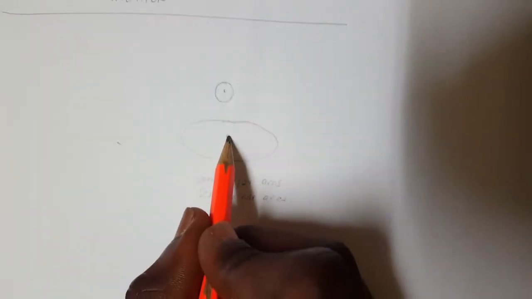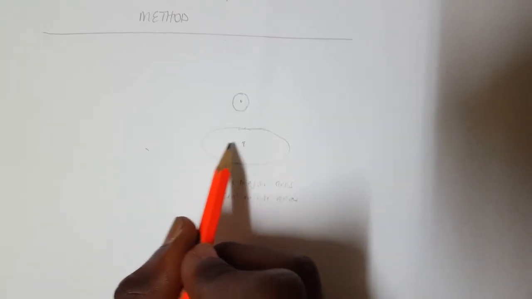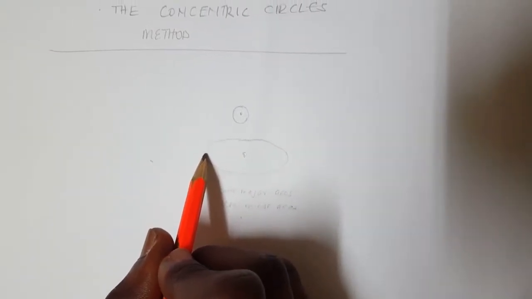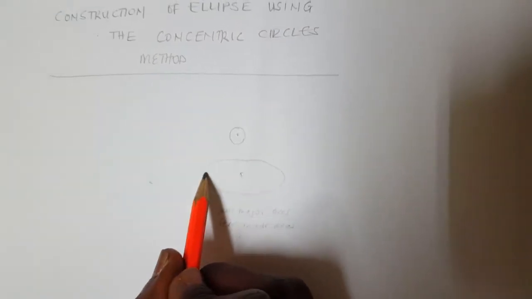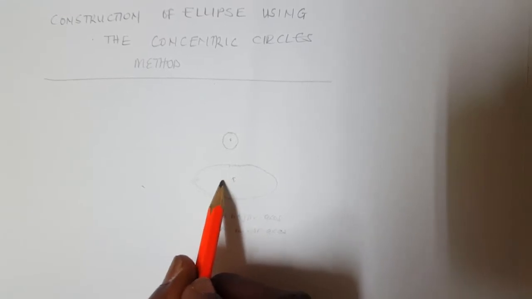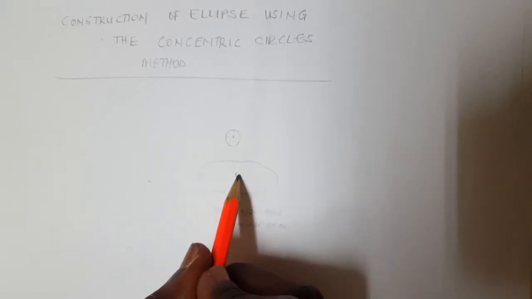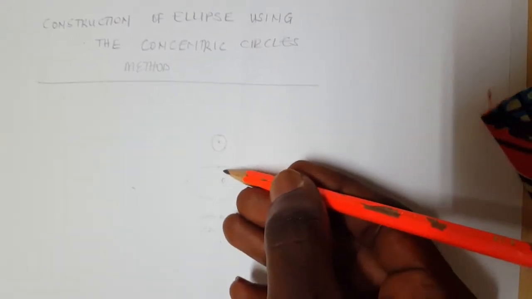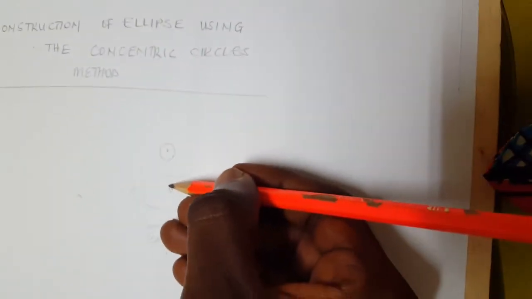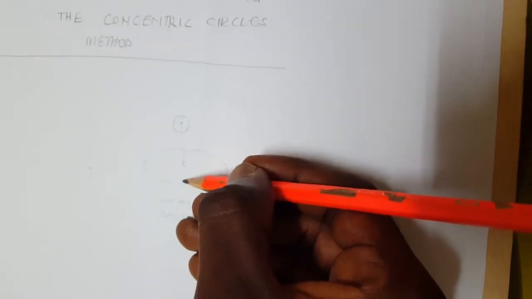So if we take the ellipse, the semi-major axis is the longest, let's say, radius of the ellipse. So it's this part to this part. That's the semi-major axis. It has the same magnitude as this part. And the semi-minor axis is the shorter radius. That's the upward and the downward distance.